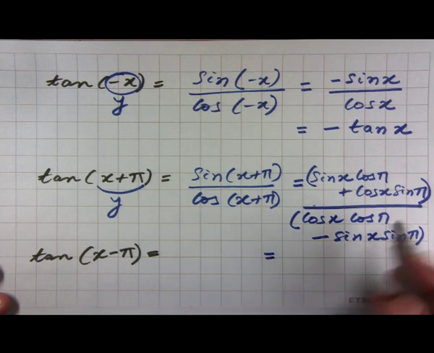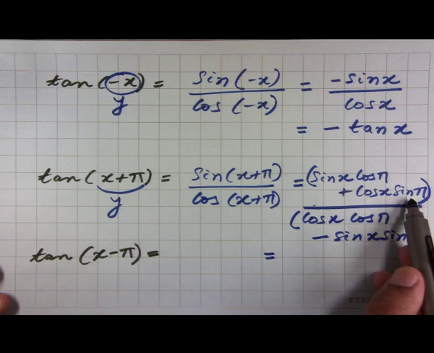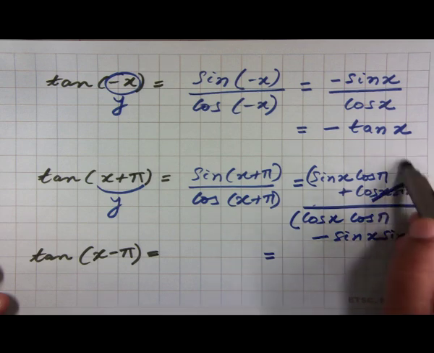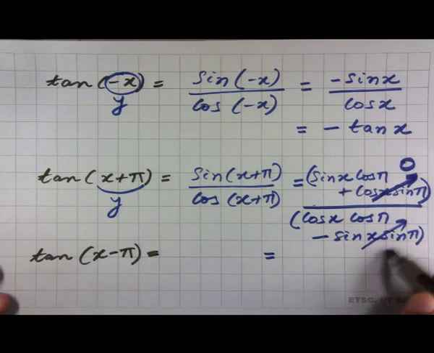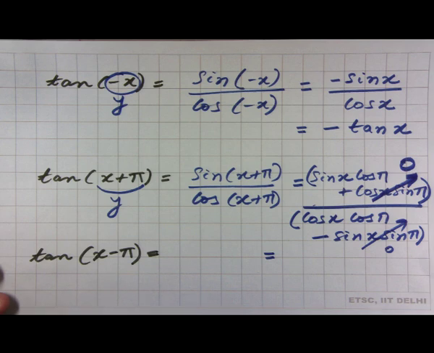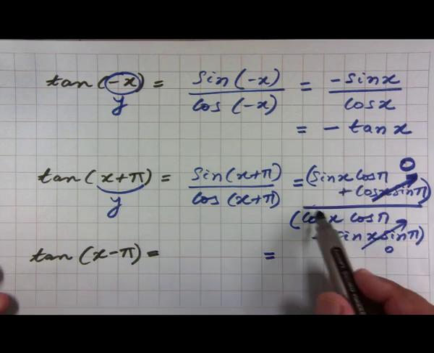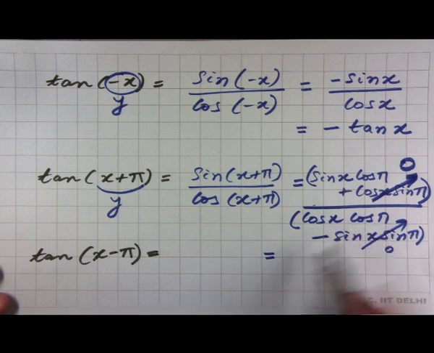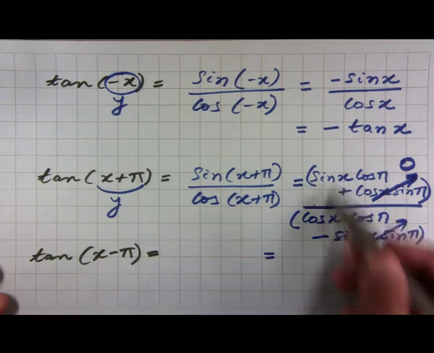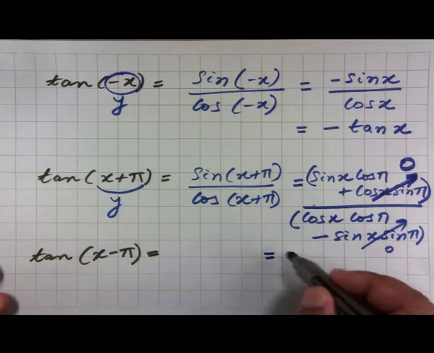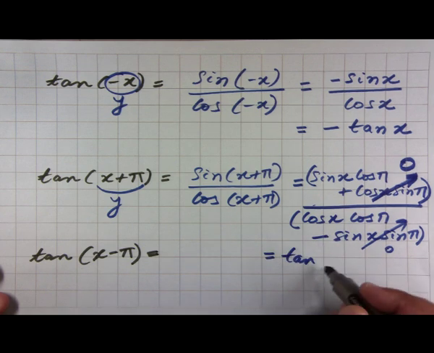Now, we know that sine of pi is 0, therefore, this term will go to 0, and even here this term will go to 0 because sine of pi is 0. So, what remains is sin x cos pi divided by cos x cos pi, which is equal to sin x by cos x, which is equal to tan of x.